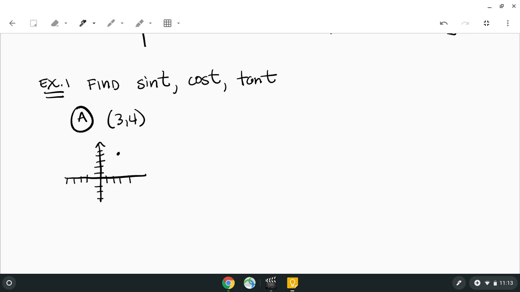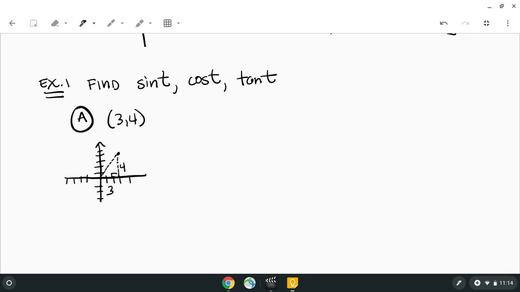Okay, and if we draw our little right triangle here, we know this is 3, this is 4, and then we can figure out this hypotenuse, which is 5. It's the 3, 4, 5 triangle.